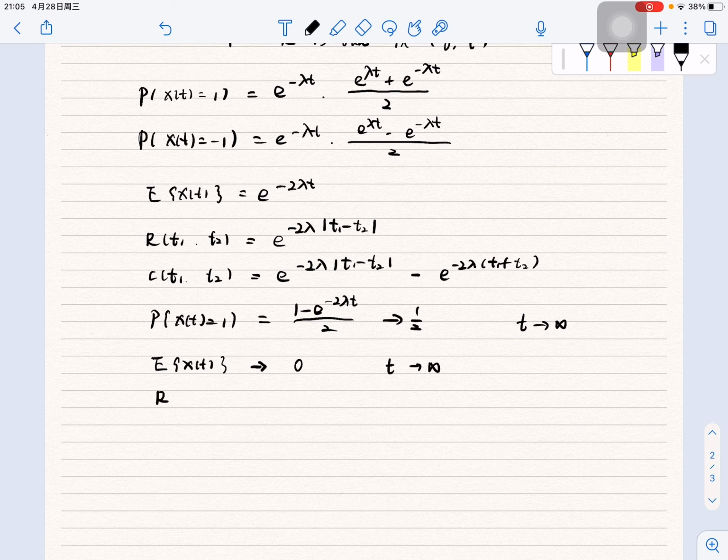And the autocorrelation R(t1, t2) approaches 0 when the absolute value of t1 minus t2 approaches infinity. It means that when t1 and t2 are far away from each other, X(t1) and X(t2) are less correlated.